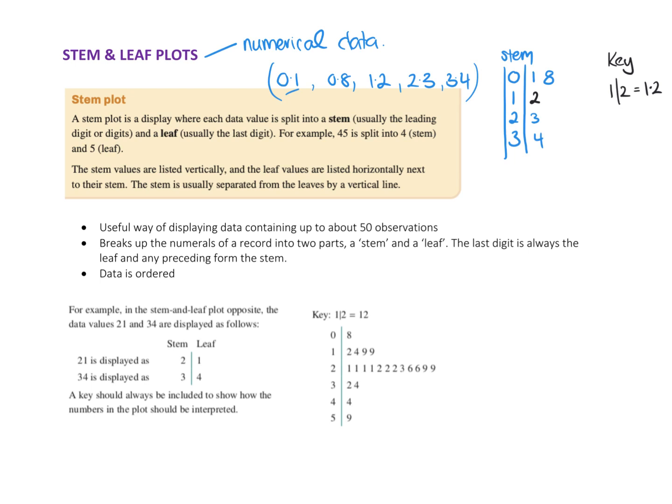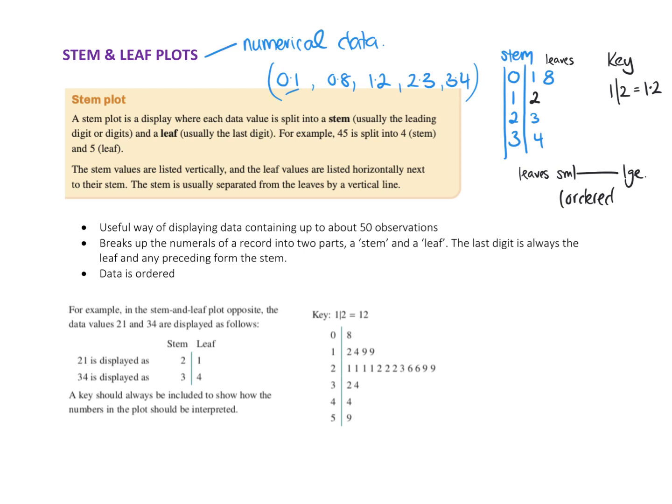Now, these are called the leaves out here, and your leaves must go from smallest to largest, okay? They have to be ordered. See how the 0.8 had to come after the 0.1 because 0.8 is bigger.